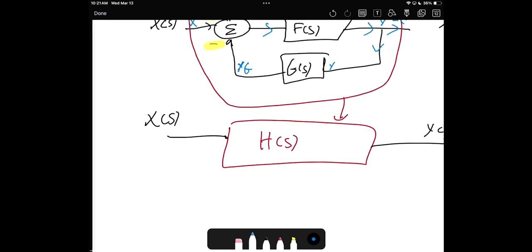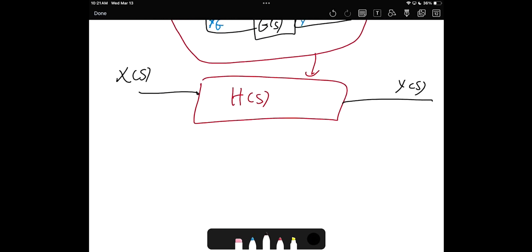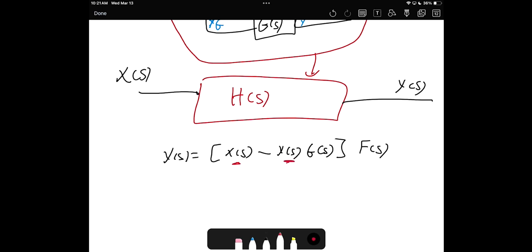Now I'm going to write this formula here. So we end up having y of s equals x of s minus y of s times g of s, all of it times f of s. Okay? Our target is to find the transfer function. The transfer function means the relationship between output over inputs, which is y over x. So since we have y here, we have x here, we need to figure out a way that isolates y alone on one side and isolates x on one side.